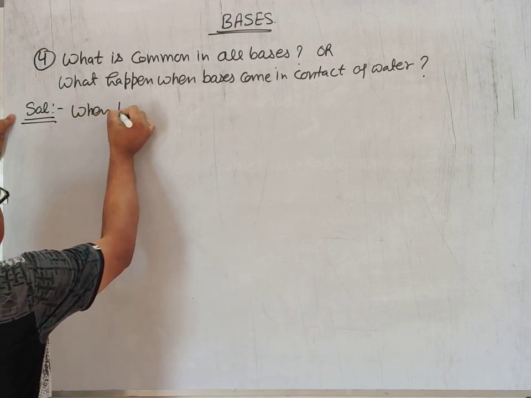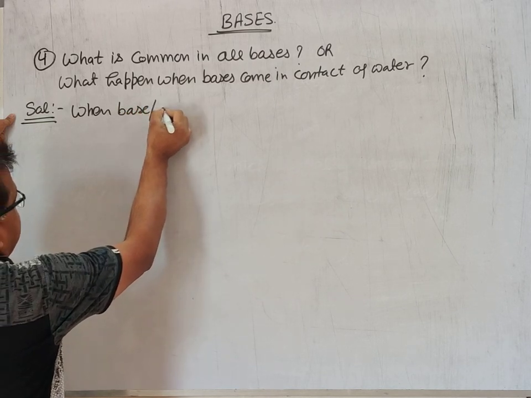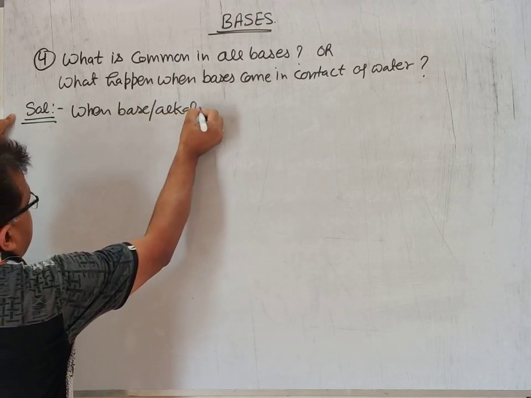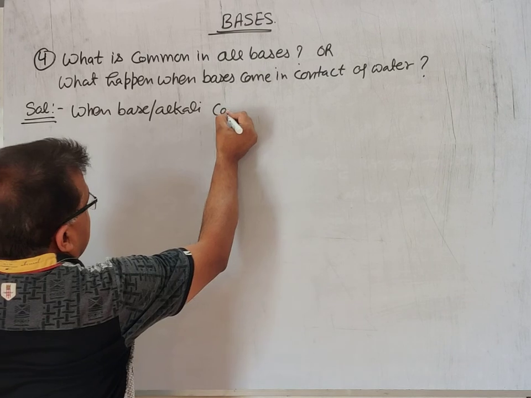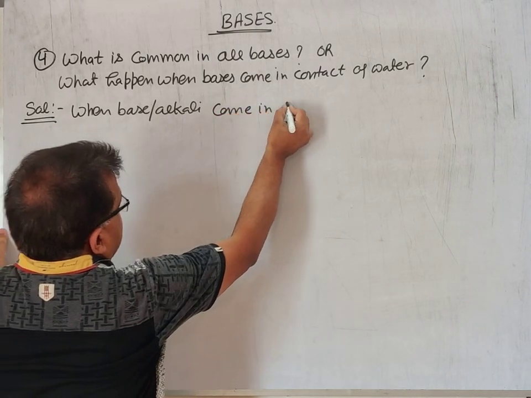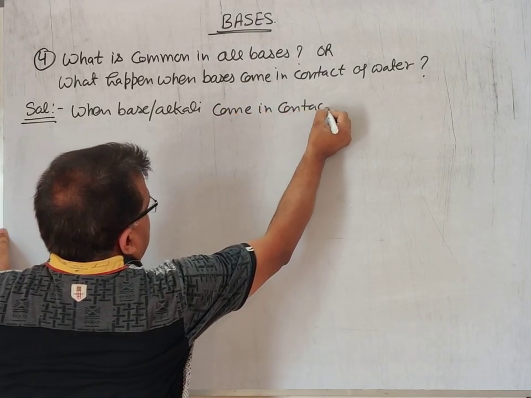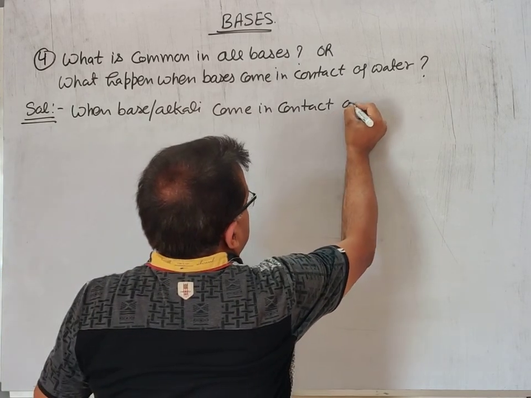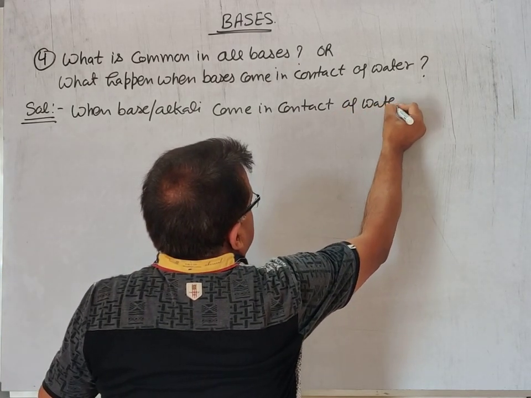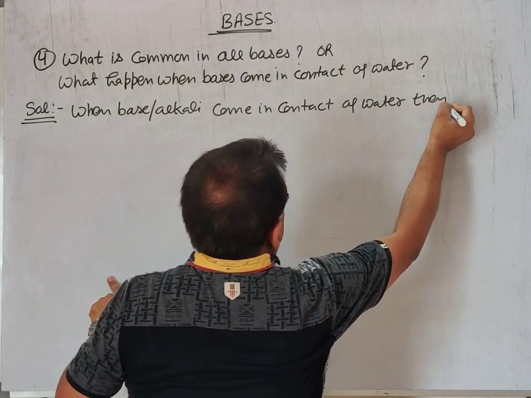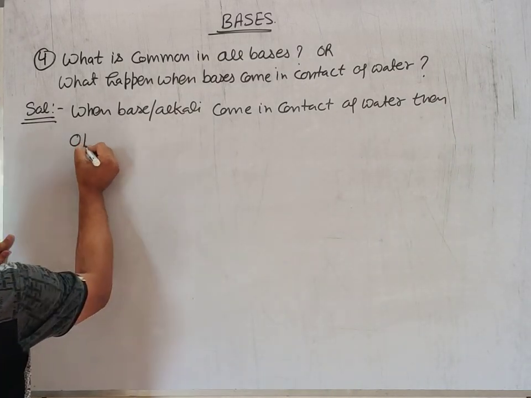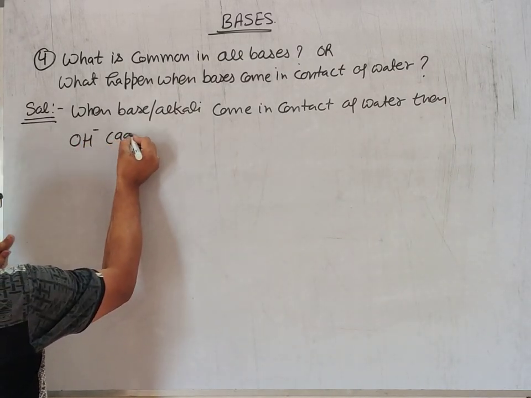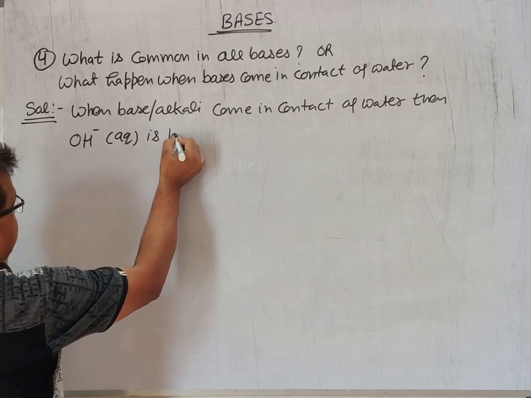When base or alkali comes in contact with water, then hydroxide ion aqueous is produced.